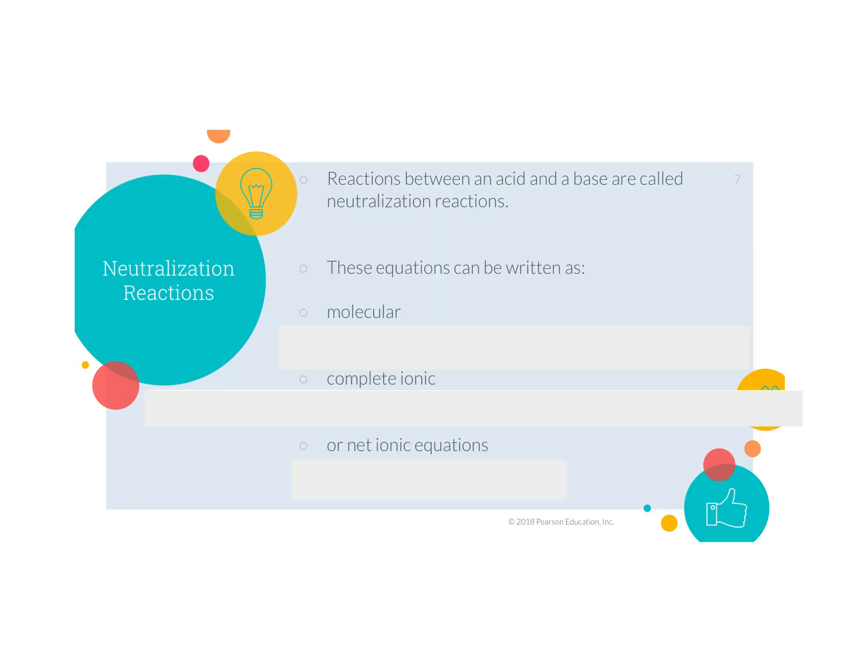I did mention in the last video that a reaction between an acid and a base is called a neutralization reaction, because you are neutralizing the acid and neutralizing the base to make water and salt. You can write these equations in a few ways. For example, HCl aqueous plus NaOH aqueous goes to H2O liquid plus NaCl aqueous.